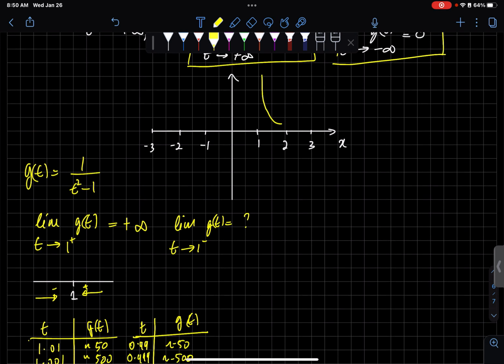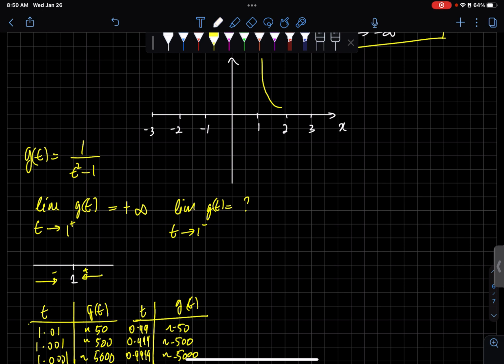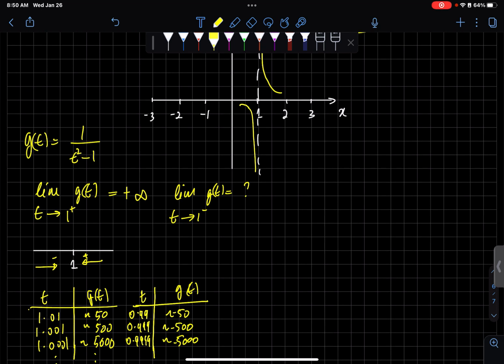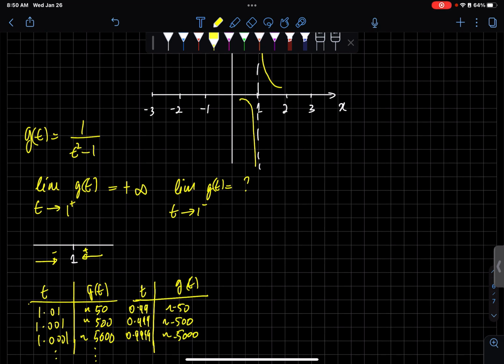So I'm just going to draw what is going to be a vertical asymptote at 1. As we get closer and closer to 1, this number shoots off to infinity.